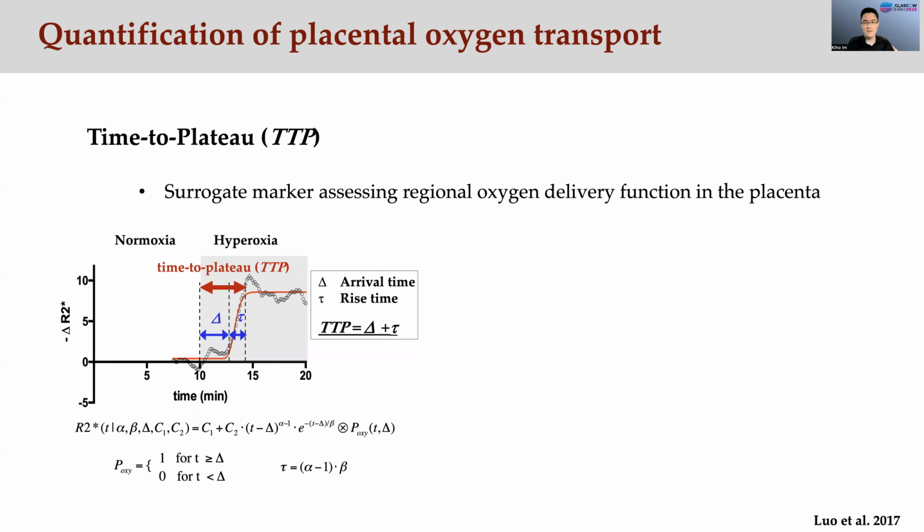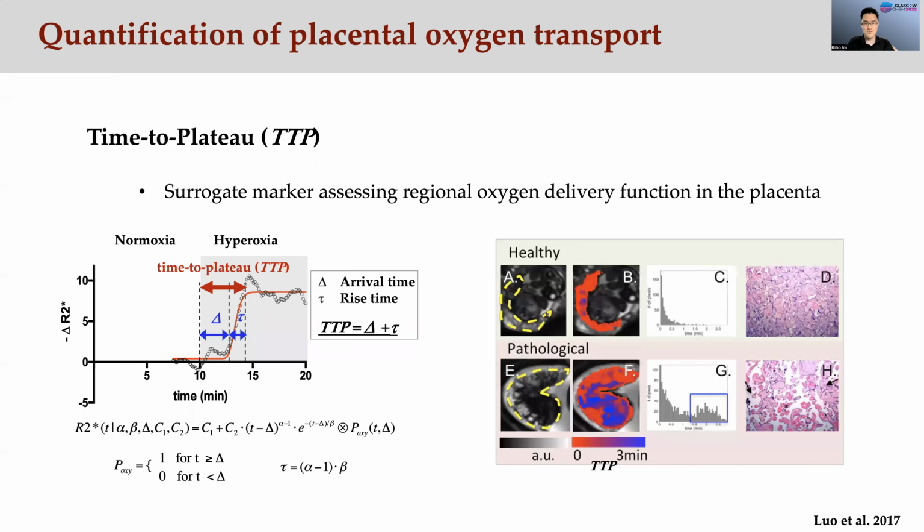TTP can be a surrogate marker assessing regional oxygen delivery function in the placenta. For healthy subjects, TTP values were short and placental histology was normal, but for pathological cases, TTP values were longer and less uniform and histology was abnormal.